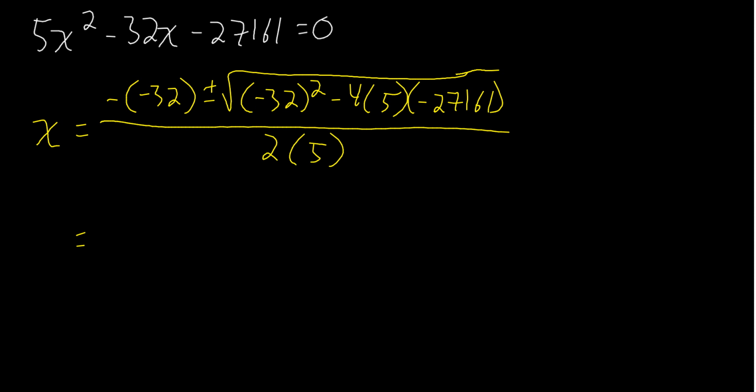Well, this number is pretty easy, right? A negative 32 is a positive 32, plus or minus the square root of, I wonder if it's easily squared. I don't know. So we've got negative 32 squared minus 4 times 5.